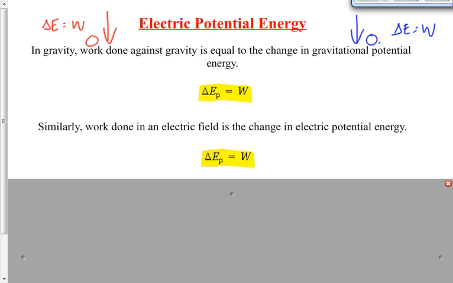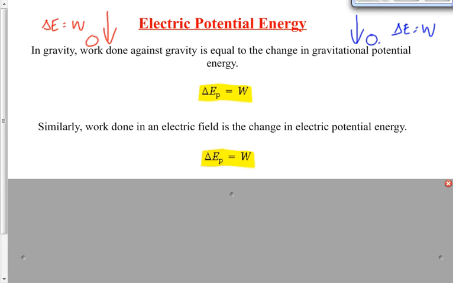Really, it's the remote control that has the potential to move, even though technically they both do. As I drop this remote control, it falls toward the Earth, and the Earth actually rises toward the remote control because of gravity. But it's such a minuscule amount, we don't usually pay any attention to that. We just say gravitational potential energy is the energy stored in the remote control, not in the system of the remote control and the Earth.